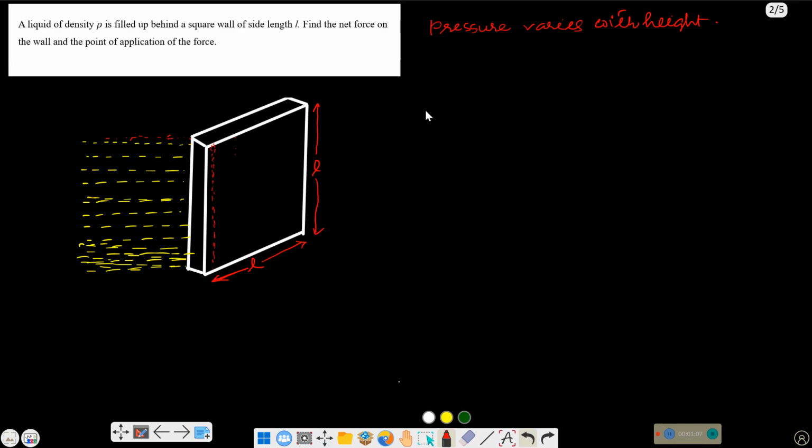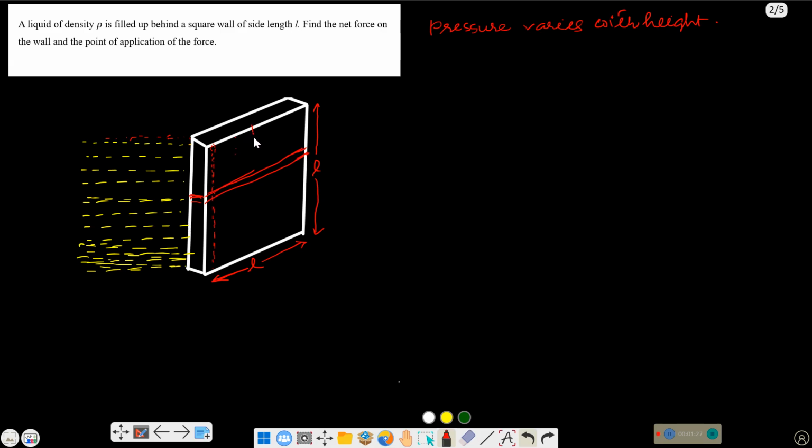So now for this kind of problem, since pressure is varying for each and every section of this wall, we will take one small element of this wall in the shape of this, okay.